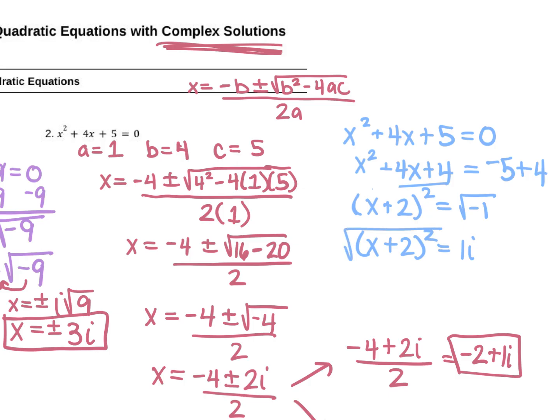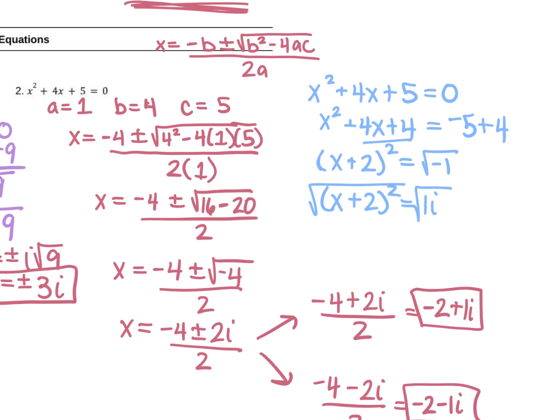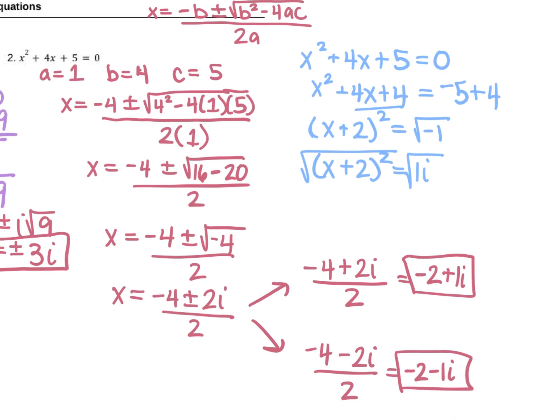And then we square root. So that would be x plus 2. Huh, that's a weird problem to have. There's got to be a property for that. What is radical i?